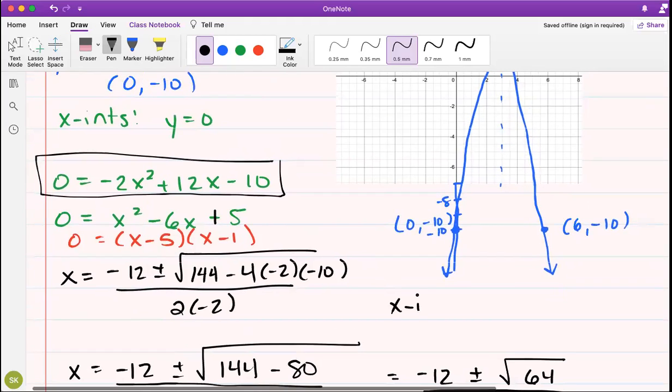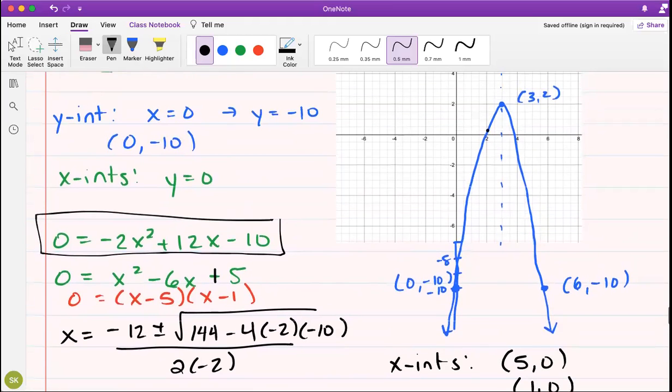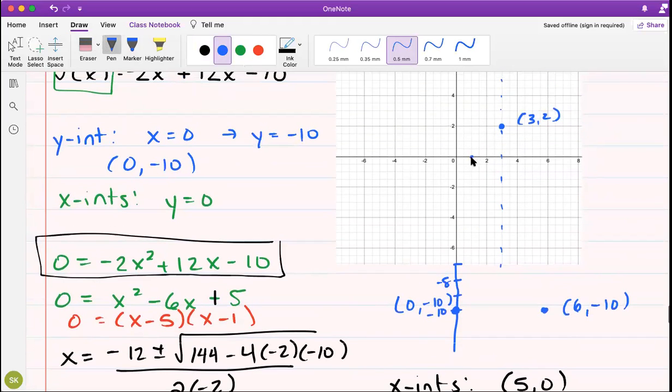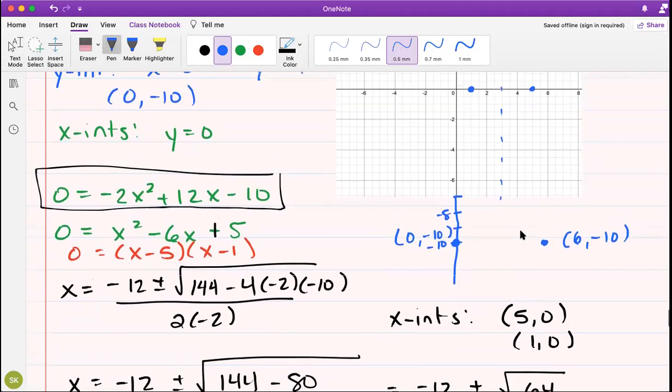So our x-intercepts are (5, 0) and (1, 0). You can see that my graph doesn't actually go through those because I sketched this. It wasn't a perfect drawing, but now we can make a better drawing by putting these two intercepts. So we have one at (1, 0), which, notice, is 2 units away. And because this graph is symmetric about this line, we go 2 units over, which does happen to be (5, 0).